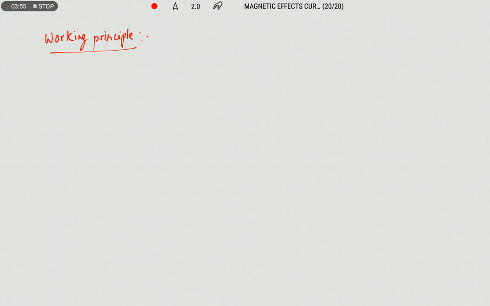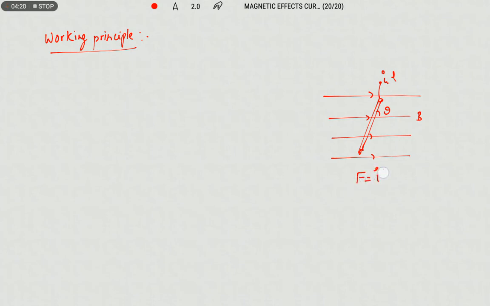In detail, we already know that when we place a conductor in a magnetic field which carries a current I, has length L, and makes an angle theta with the field, the force experienced by the conductor is F equals ILB sin theta.